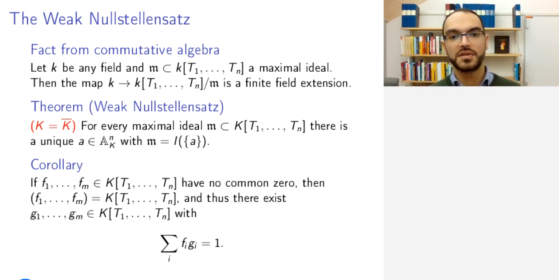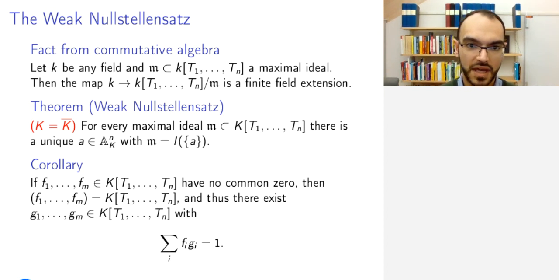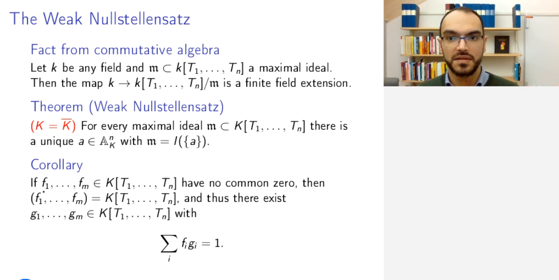As a corollary to this, we have the following result: if you have a bunch of polynomials that do not have common zeros, then the ideal generated by them will be the whole ring itself. Why? Because if not, then the ideal generated by them is contained in some maximal ideal.